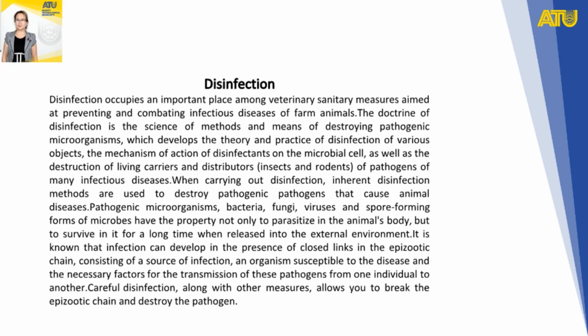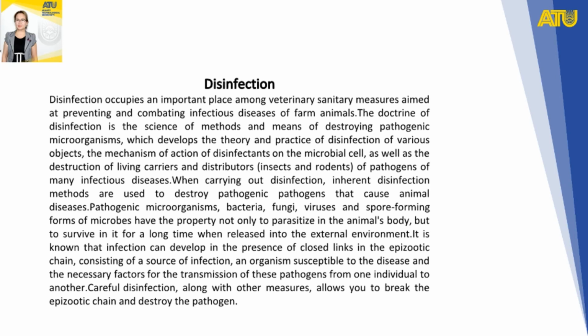When carrying out disinfection, specific methods are used to destroy the pathogens that cause animal diseases. Pathogenic microorganisms, bacteria, fungi, viruses and spore-forming forms of microbes have the property not only to parasitize in the animal's body, but to survive for a long time when released into the external environment.